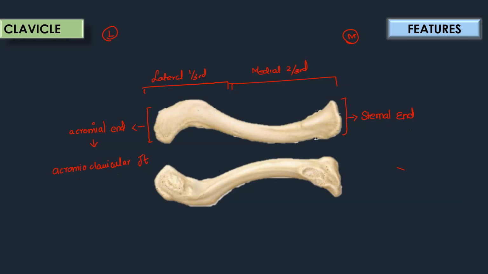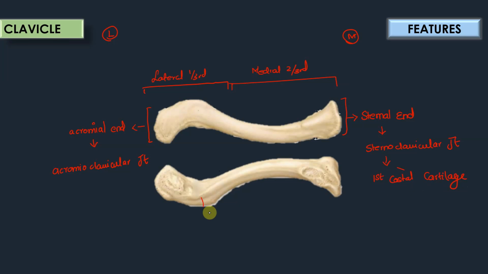This articulates with the clavicular notch of the manubrium sterni to form the sternoclavicular joint. Now this sternoclavicular joint extends inferiorly to articulate with the first costal cartilage.